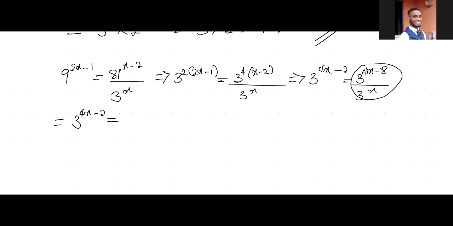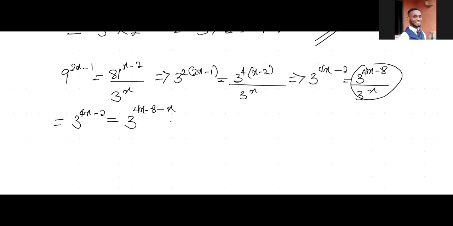Then you can have 3 raised to the power of 2(2x minus 1), which is the same as 3 raised to the power of 4x minus 2, equal to 3 raised to the power of 4x minus 8, divided by 3 raised to the power of x. So you see we pick one of the bases, that's 3, then the power is 4x minus 8 minus x.